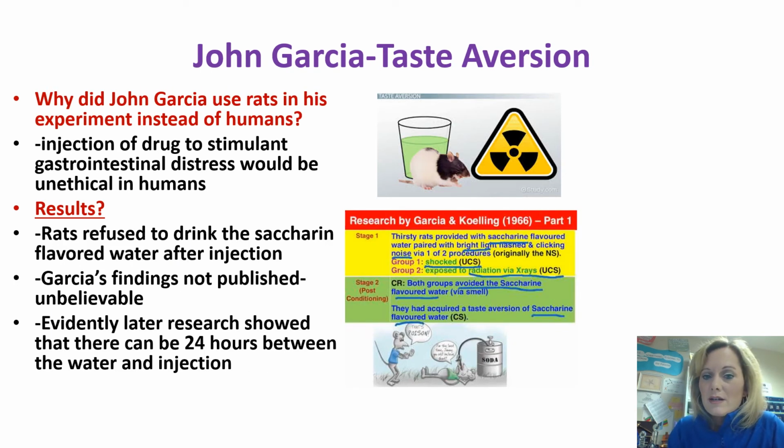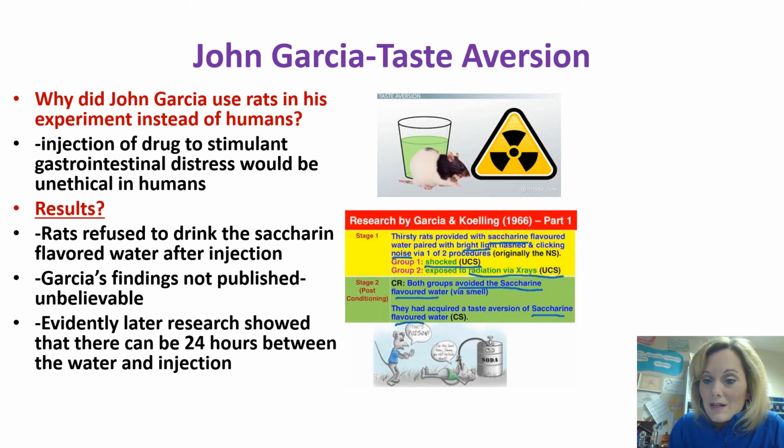So John Garcia worked with rats as well, and he did that because it would be unethical to inject a human being with a solution that would cause some gastrointestinal distress and make you throw up. It's probably unethical for rats as well, because they're animals, and we have some APA regulations on those things.